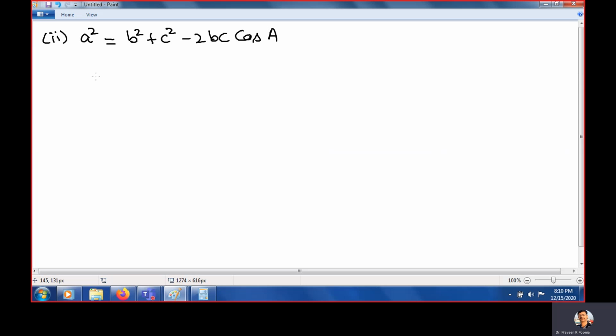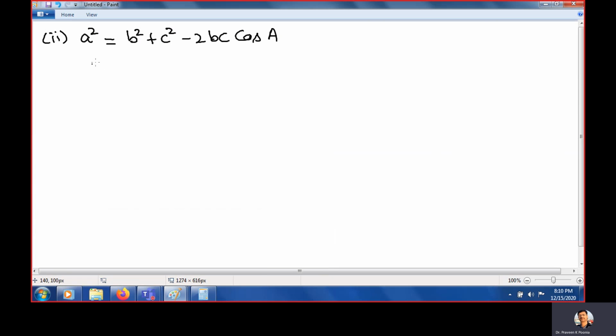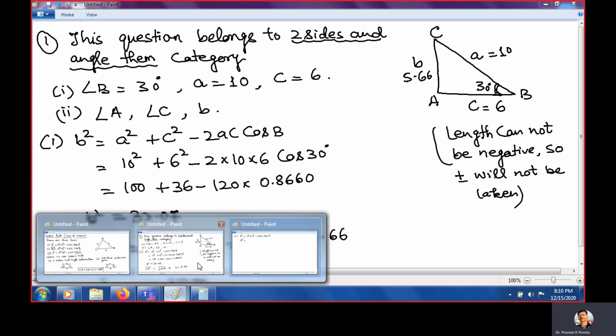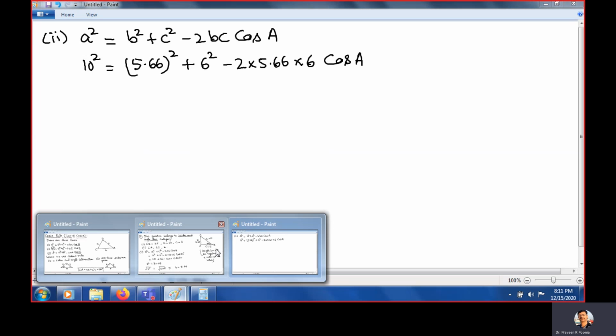What is the value of A? Let us check. The value of A is 10 and C is 6. And the value of B is 5.66. So 5.66 square plus 6 square minus twice of 5.66 into 6 cosine of A. I want to verify whether the other value is 6.